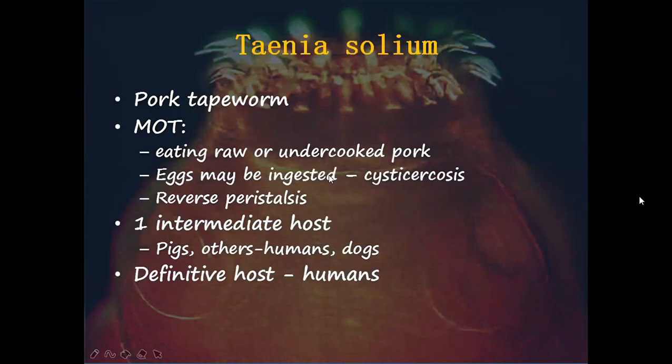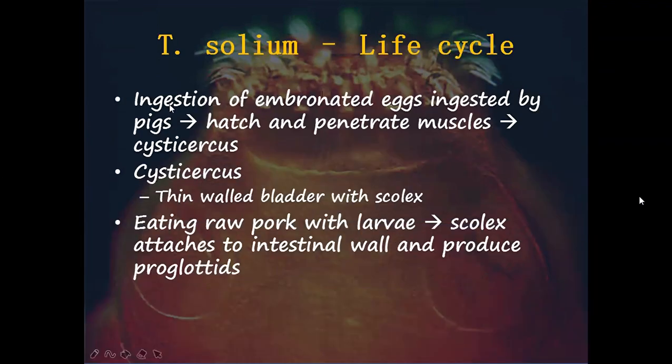So that is the most common mode of transmission, eating raw or undercooked pork. The second was here, ingestion of eggs. So ingestion of embryonated eggs, if you as a human ingest the embryonated eggs, the eggs will again hatch within your stomach and the larvae will penetrate the muscles and become cysticercus.